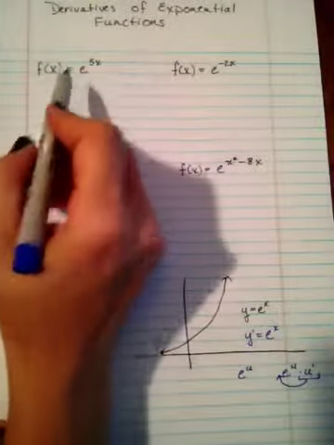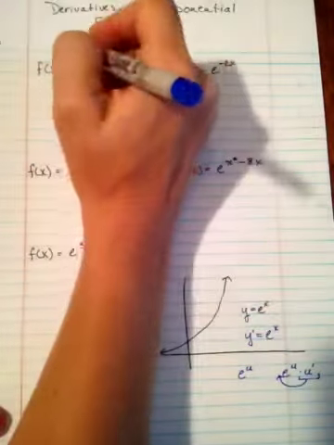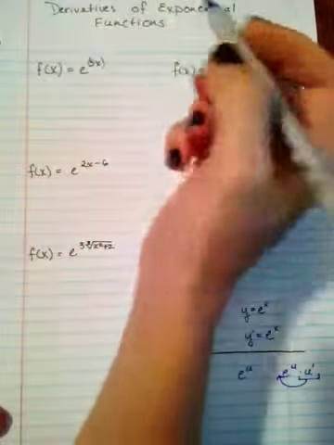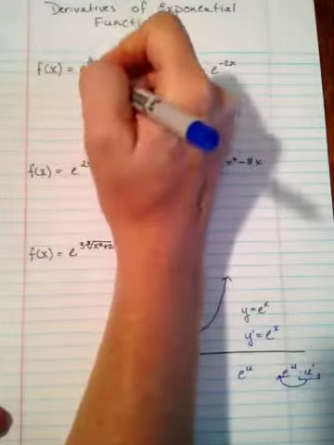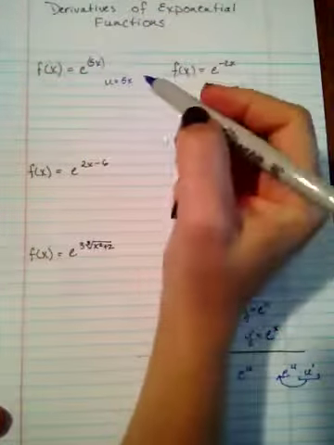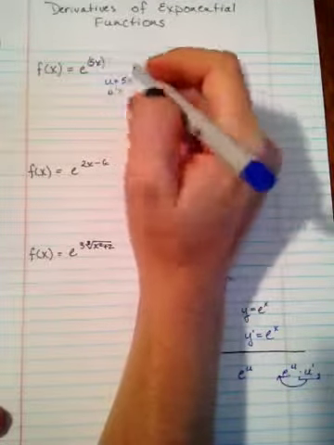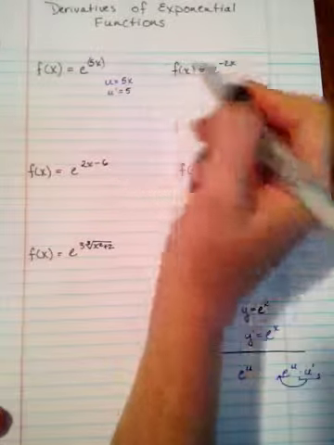So a basic example is if you have f of x equals e to the 5x. Well, this 5x is in parentheses, whether you see them or not, and so I would say u equals 5x. That means that my u prime, the derivative of my inside function, will be 5.